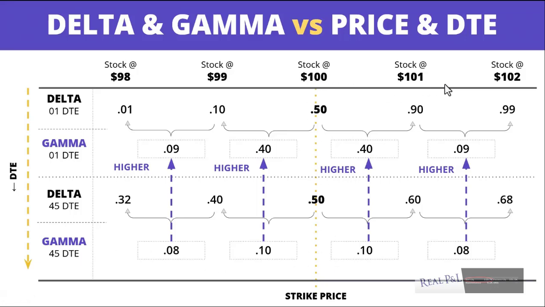So you can see the result is the deltas are moving much more in this scenario than they are here. See, the deltas are moving to 32 or 40. This is drastically different from 50 down to 1. This is only 40 because the gamma is also not that significant. So it's not that powerful. Gamma is not as high. It's not as powerful in the longer DTEs.